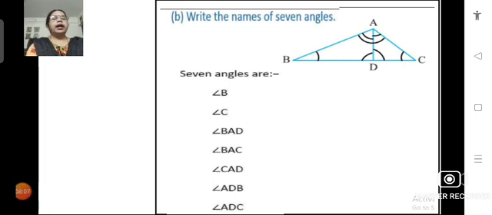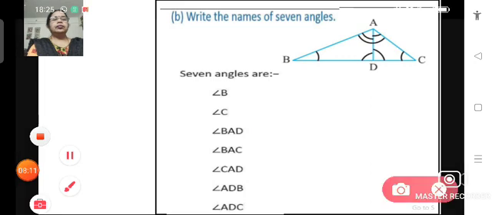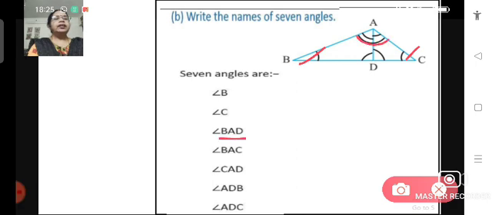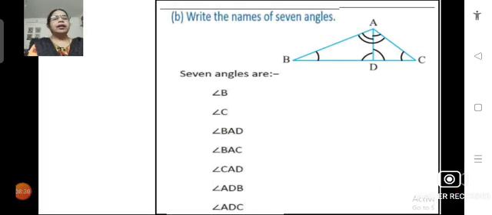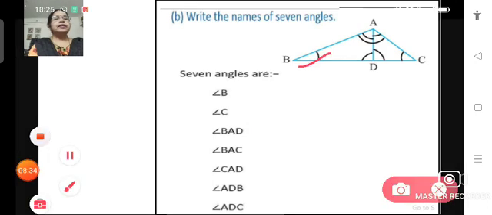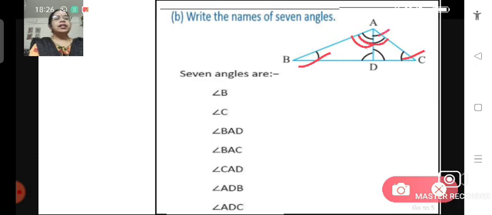So here are the 7 angles: angle B, angle C, angle BAD, then angle BAC, this complete angle, then angle CAD, that means this angle, and then angle ADB, this angle, and angle ADC, this angle. So these are the 7 angles in this figure.